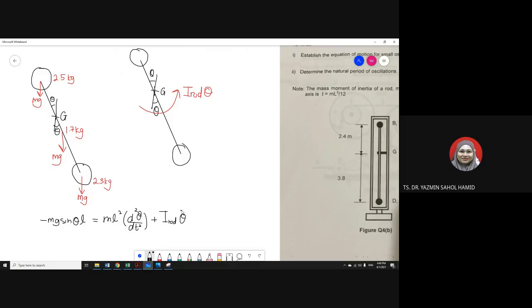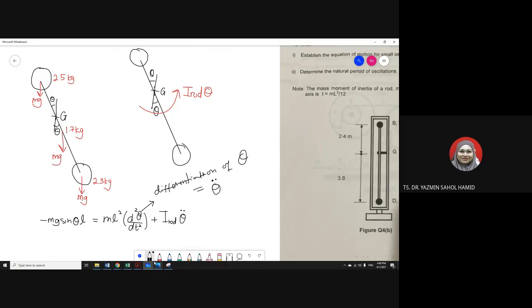Now, this d squared theta over dt squared is actually the second derivative of theta, so you can directly write it as theta double dot to simplify things.